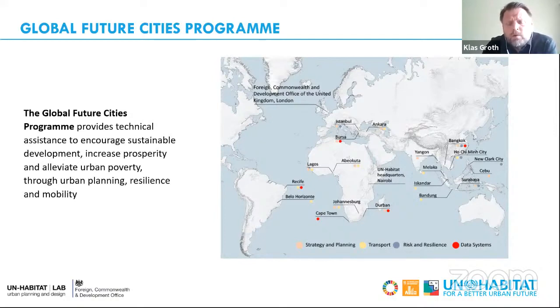It's a global program where we have 19 cities across 10 countries participating in delivering upon these 30 transformative projects. And together with 5 private sector partners, UN-Habitat is contributing to delivery of the program.